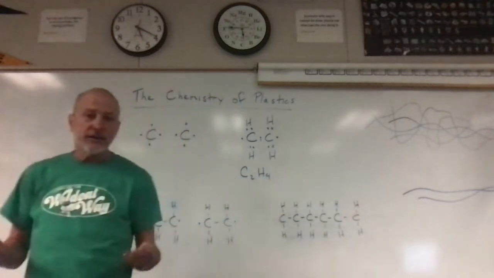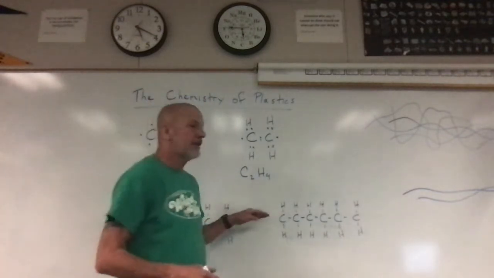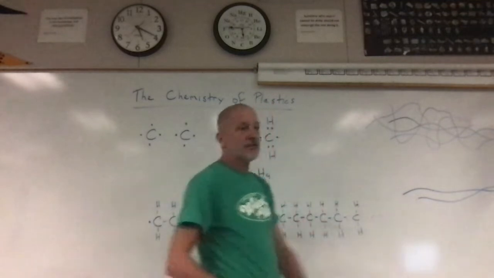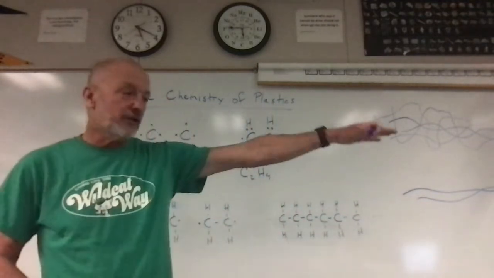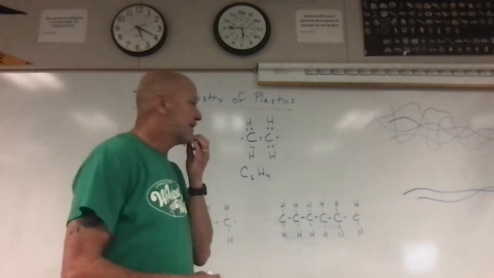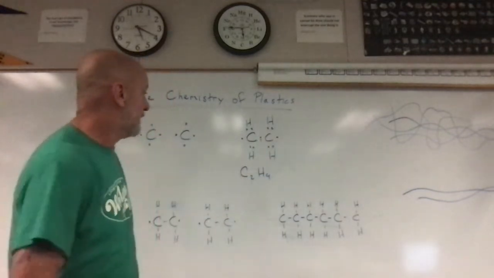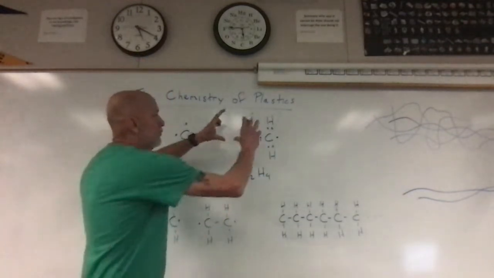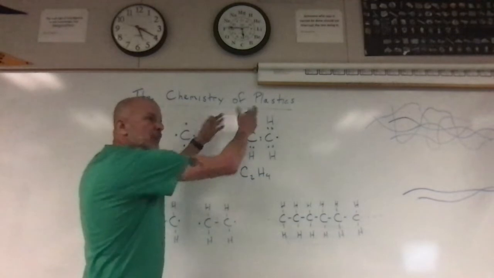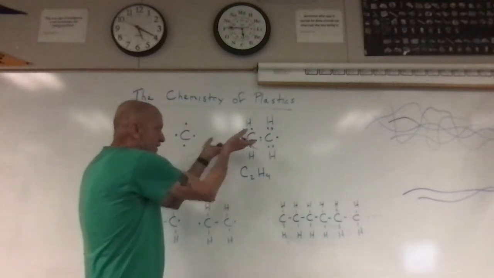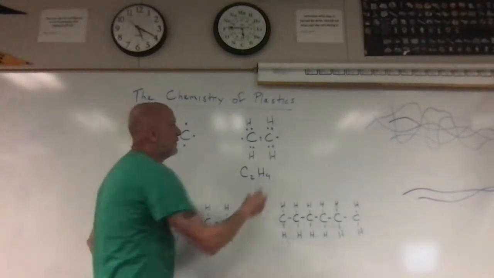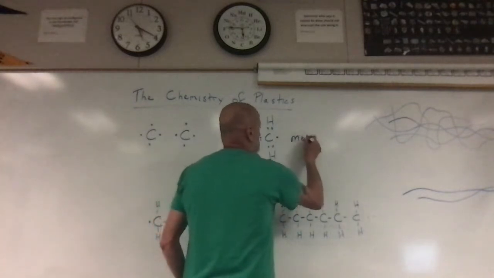These polymers or plastics are these long carbon chains, usually hundreds of carbons long. And they form these long chains like spaghetti. Whatever the single thing was that we broke up and started connecting, multiples of them, we call that a monomer.